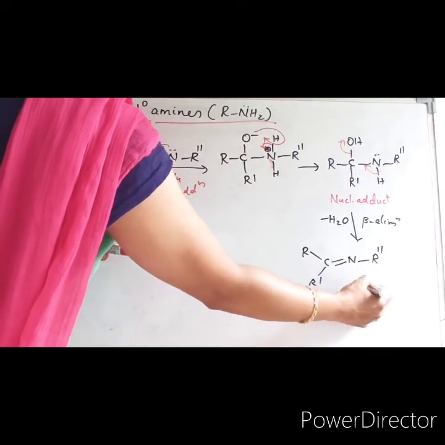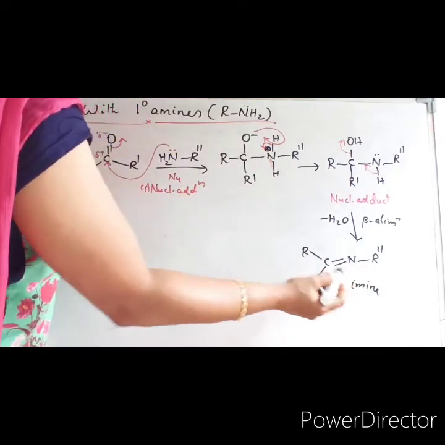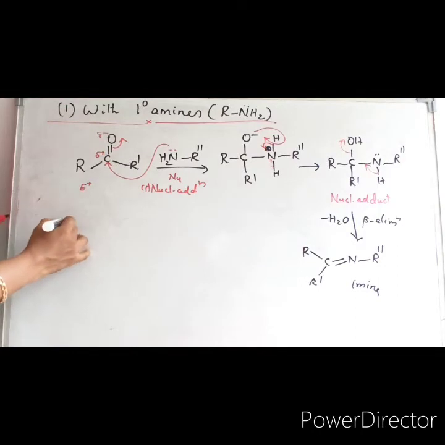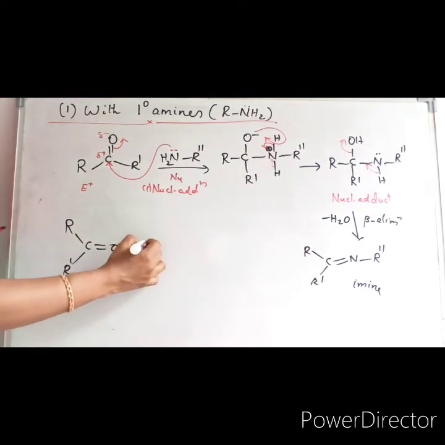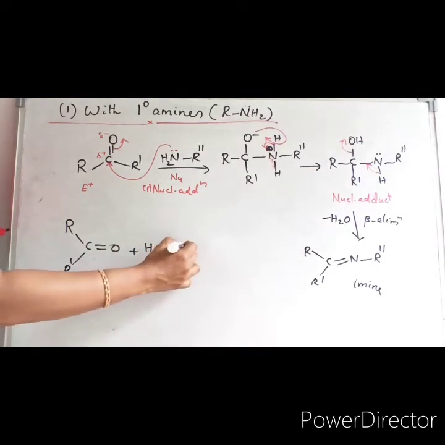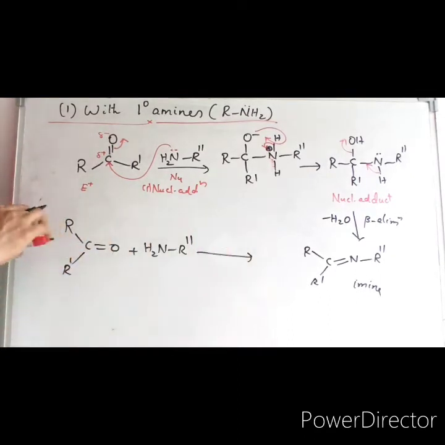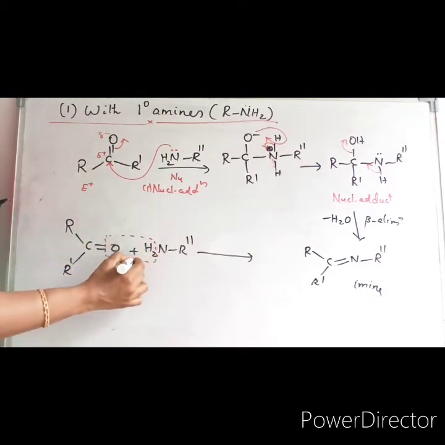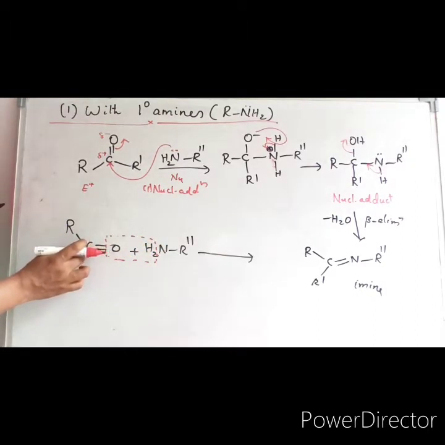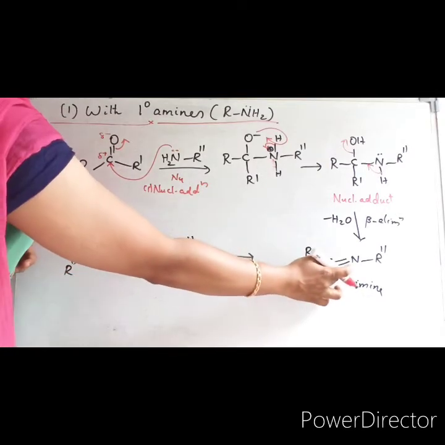So this is basically an imine. As we have written in the previous case, we will write it like this now: H2O is eliminated and you get a double bond between carbon and nitrogen. So this is the product.